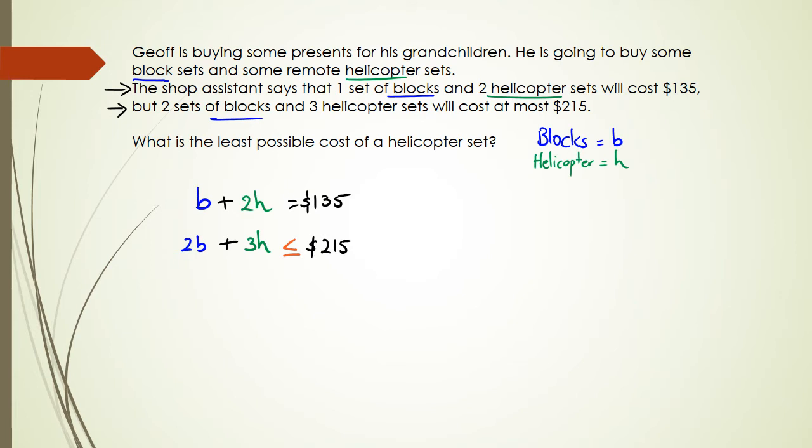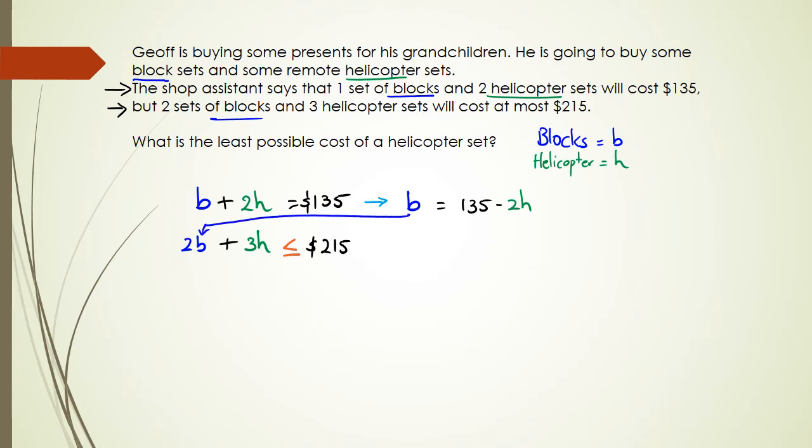So I'm going to rearrange that first equation and write down B by itself. In that case, B is equal to 135 minus 2H, because when I shift 2H to the opposite side, it becomes negative. Once I have B equals 135 minus 2H, I can substitute this B in here.